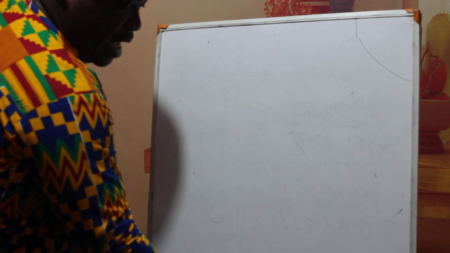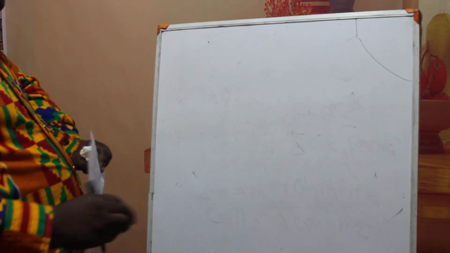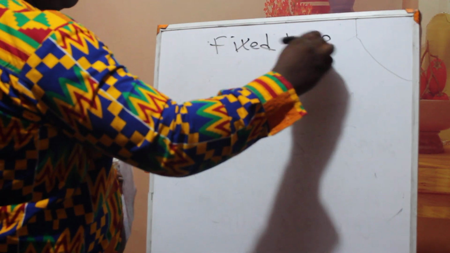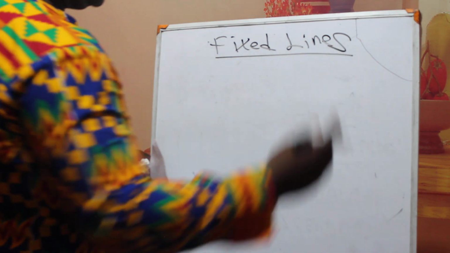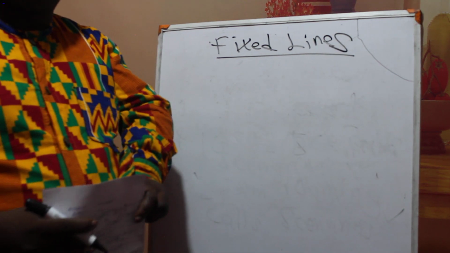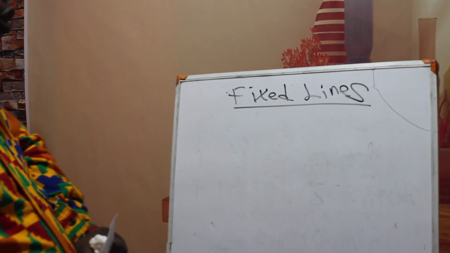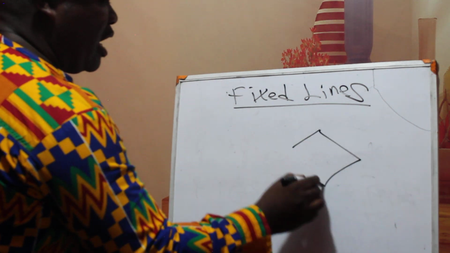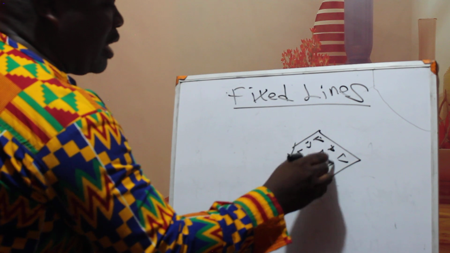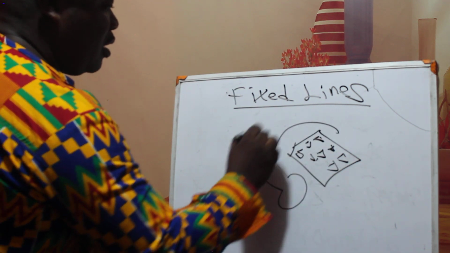Now, before GSM came into the picture, we were using fixed lines. Fixed lines were the old traditional phones that we used in our various houses or homes, whereby we dial the various digits or numbers we see.